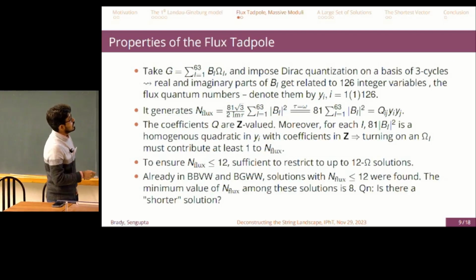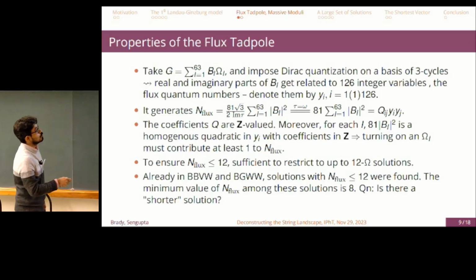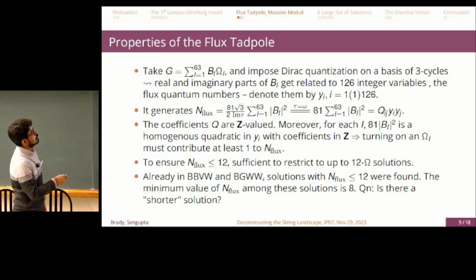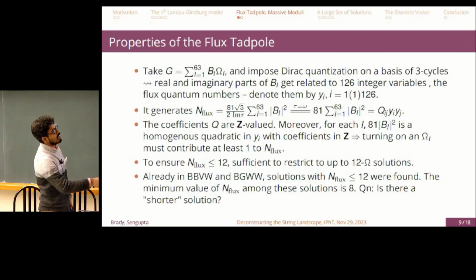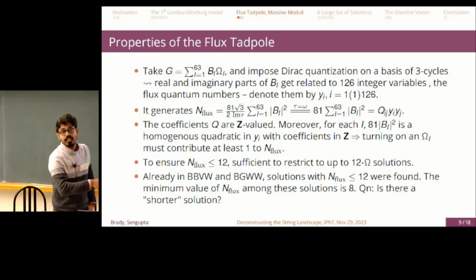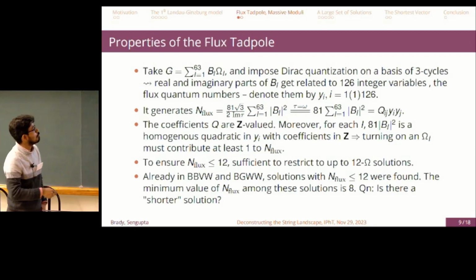And not only that, if you take one of the bi's, assume that you only had one omega, one possible flux. For that, if you calculate 81 bi squared and do the same exercise again, replace bi by what it looks like in terms of yi and yj, you get the same behavior. You get a homogeneous quadratic with integer coefficients.